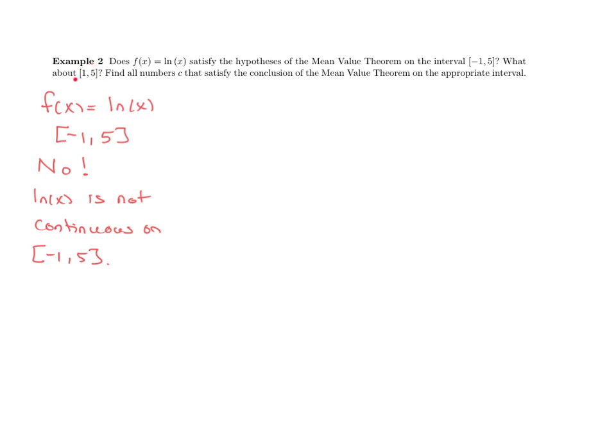But what about this other one? What about if we look at the interval from 1 to 5? So that is f of x equals the natural log on this interval. All the conditions will be satisfied. First one, is it continuous? And yeah, this is always defined for positive numbers, and these are all positive.